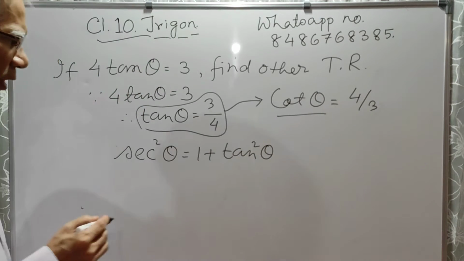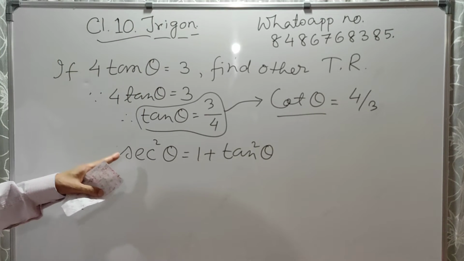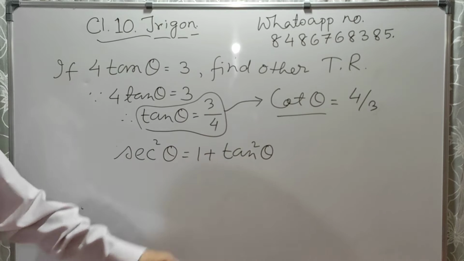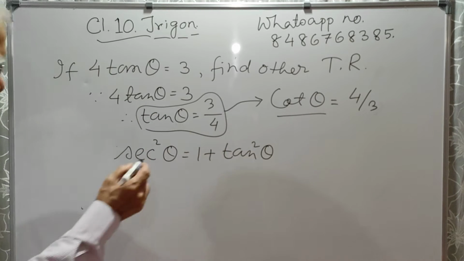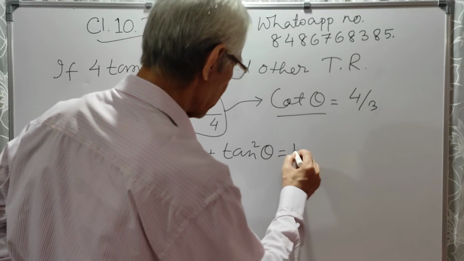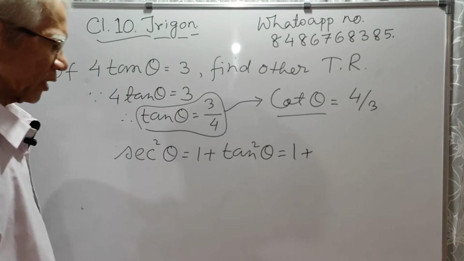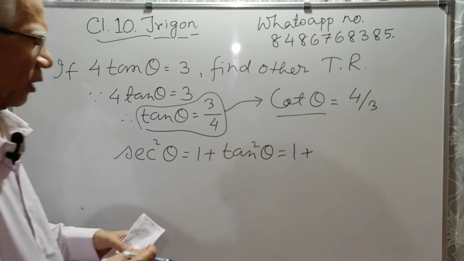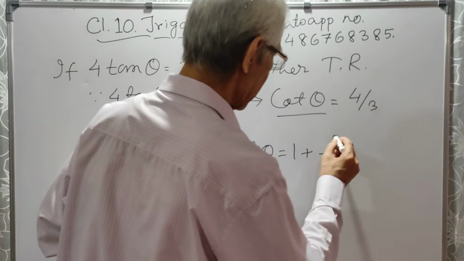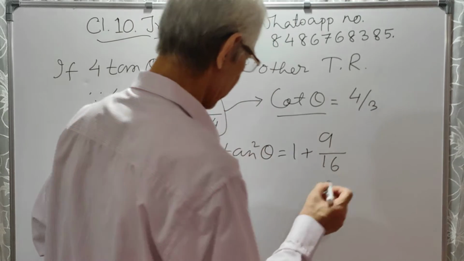In my last video, I showed you this. Using this formula, we can find sec because tan is known. So 1 plus tan square theta. Tan square theta is tan theta whole square, that means 3 by 4 whole square, which will be 9 by 16.